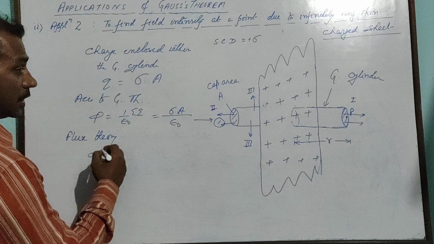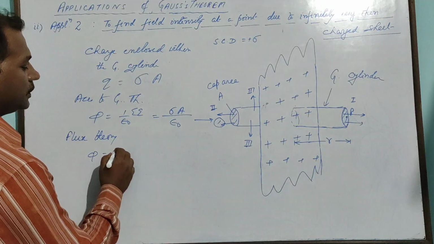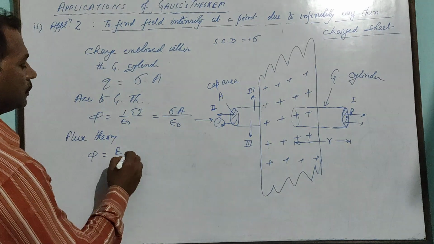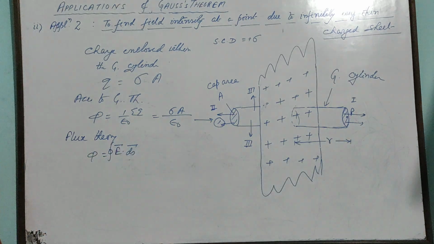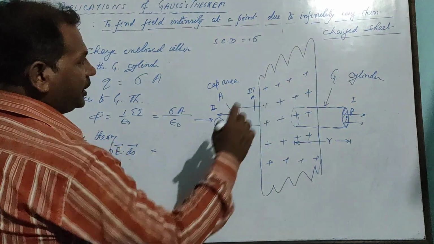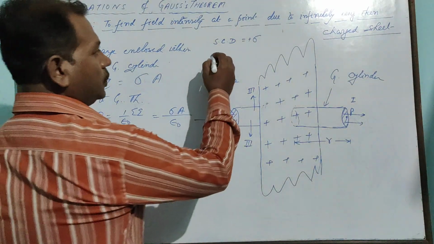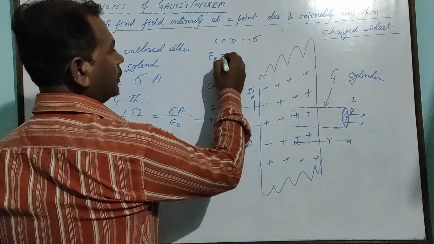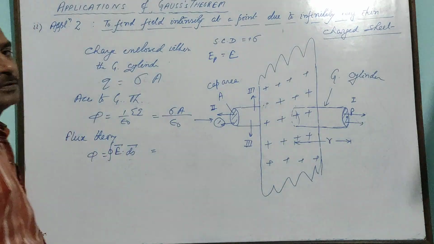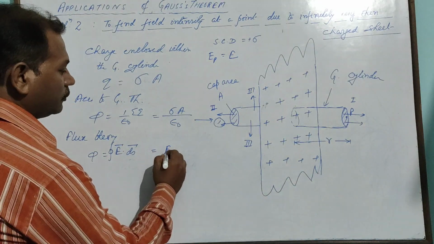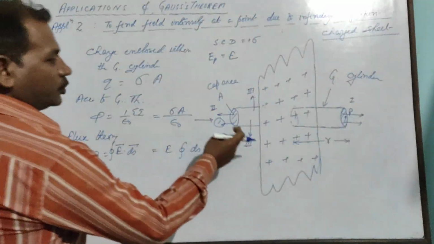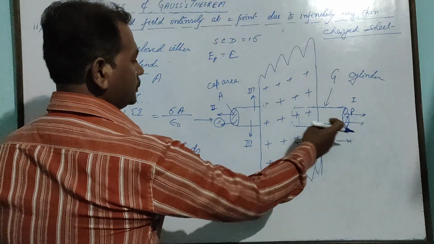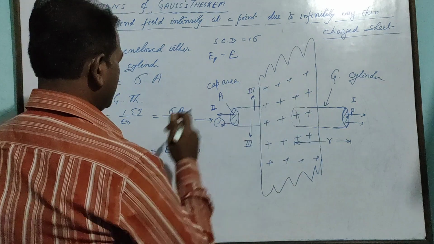net flux coming out through the Gaussian surface will be equal to... the field intensity at P is not known to you, so let it be E. So this will be equal to... you can understand in this way that the three zones are there.